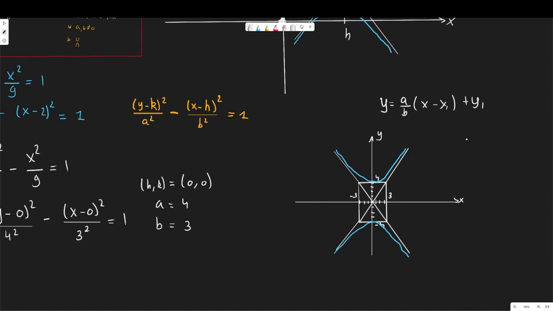So x1 and y1 will become 0, and we'll get that y is equal to a over b, which is 3 over 4 times x. And the asymptote going downwards will be y is equal to -3 over 4 times x. So just add a negative sign in front of the 3 over 4x, and this will be our full solution.